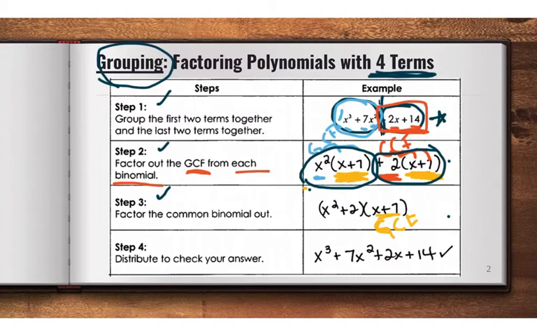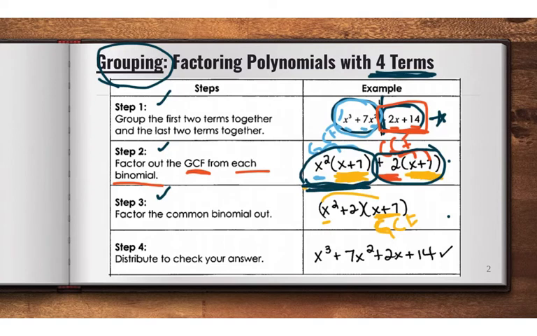So I can put that here. Now, what's left over, x plus 7, this whole term times x squared gives me my first group.